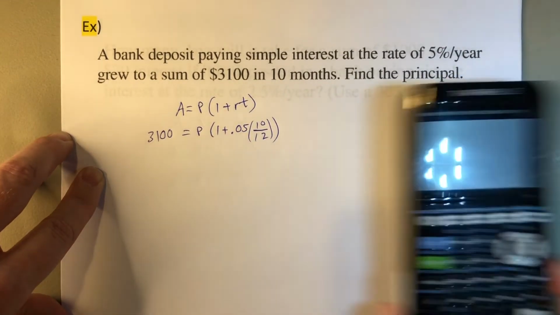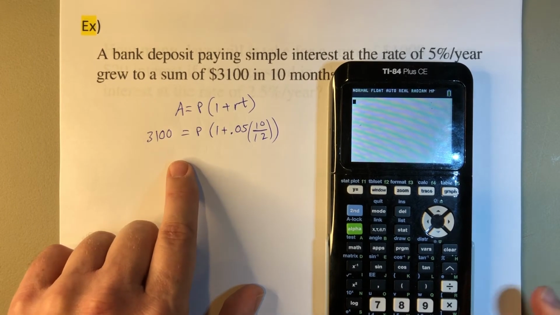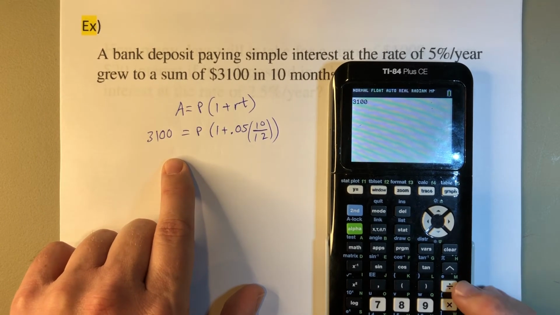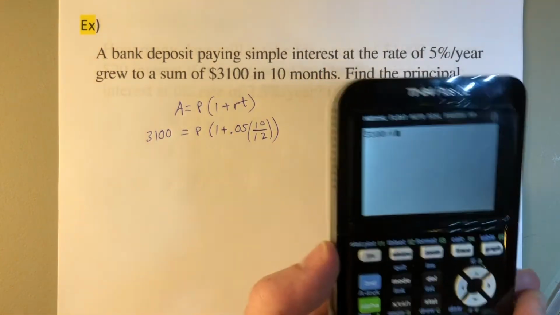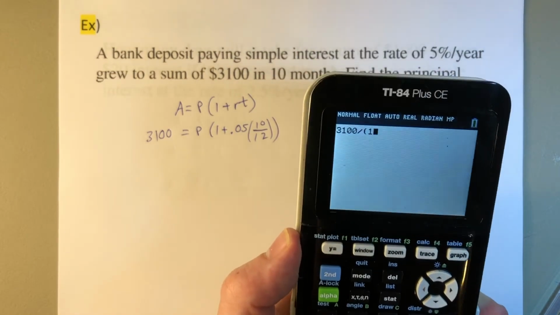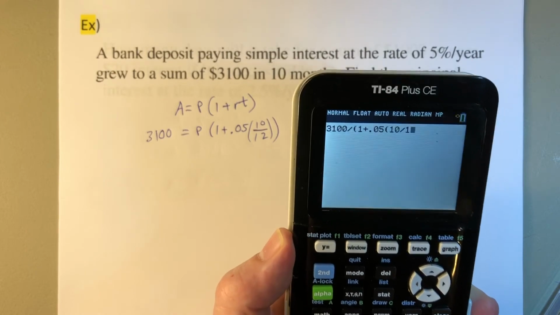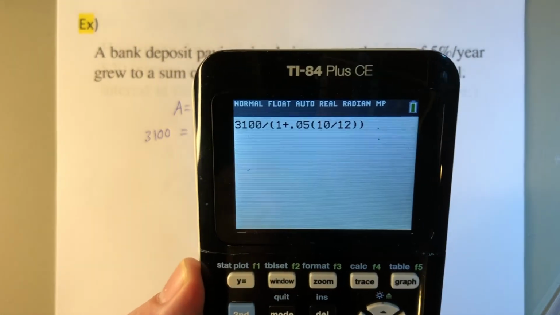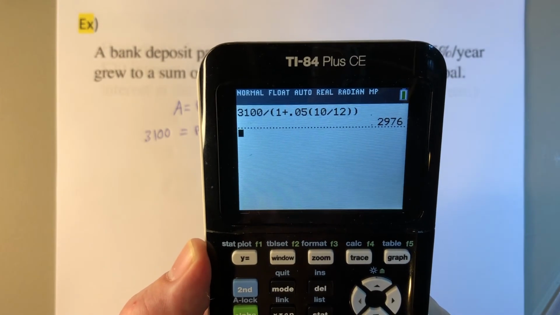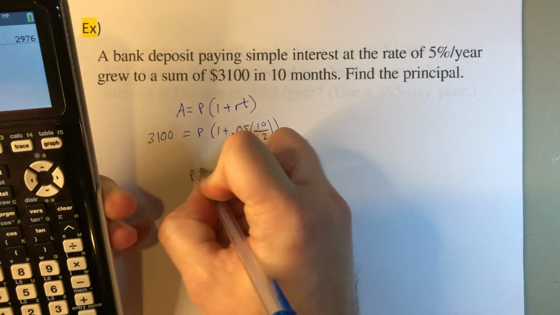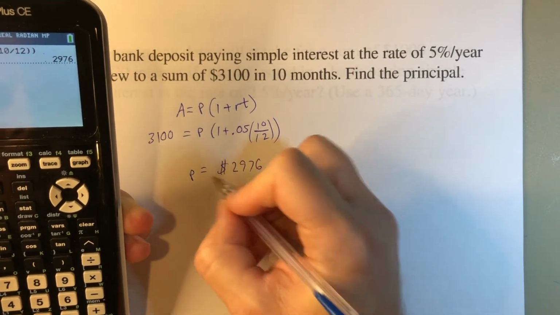And in your calculator, just do 3,100 divided by the quantity of 1 plus 0.05 times 10/12. Hit enter, and you get your answer. So principal amount here would be $2,976.